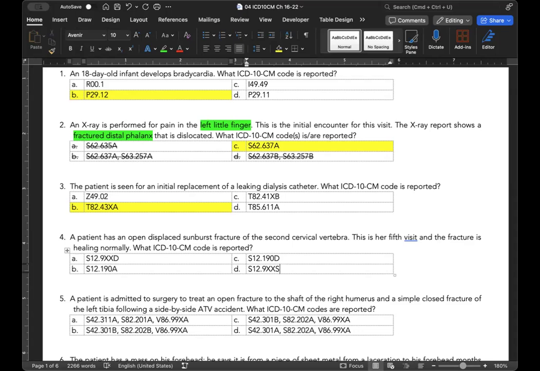The reason it's going to be the T code and not the Z code is because it is a leaking dialysis catheter, whereas Z49.02 is if it is functioning appropriately and they're just fitting it or adjusting it, and there's not a complication of it. Okay, got it. Since it's leaking, that would be a complication and not an attention. Exactly.